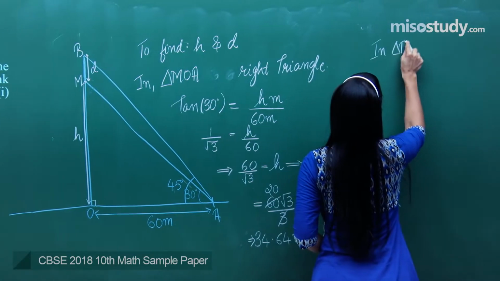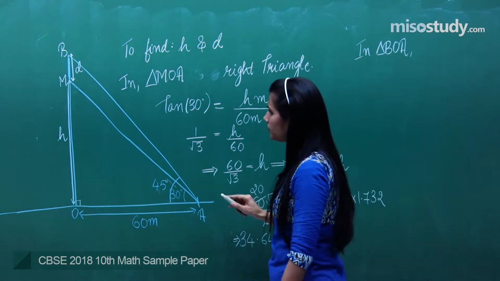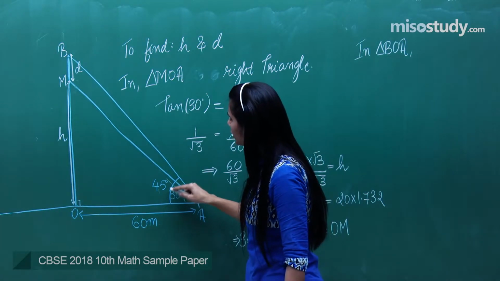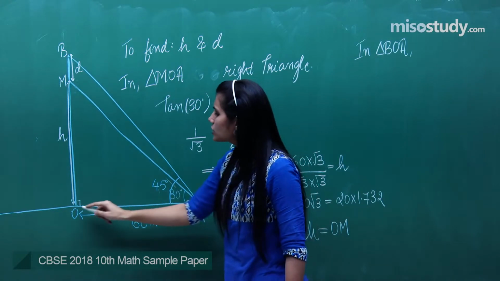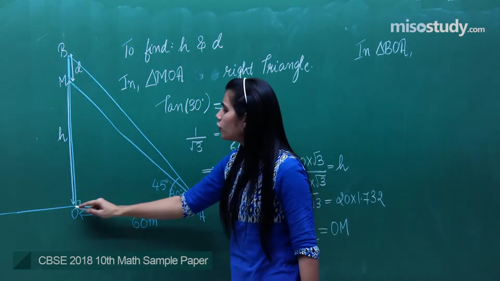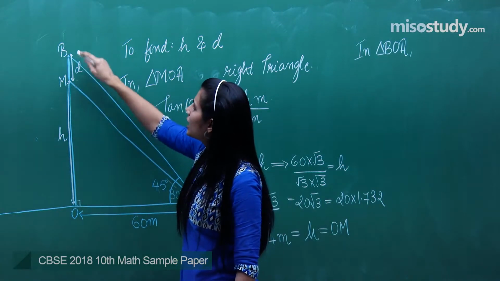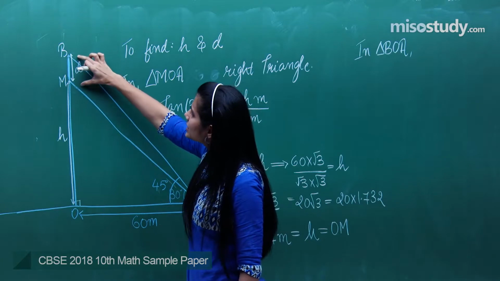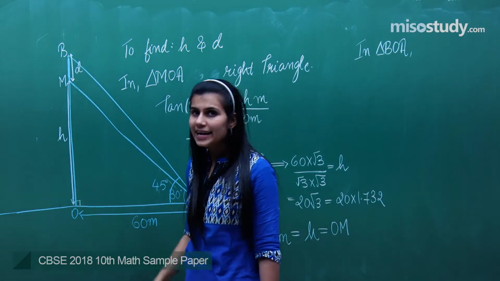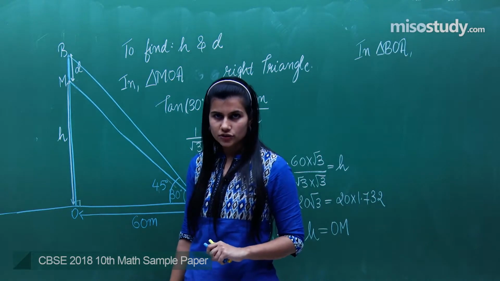In triangle BOA, again because it is a right triangle, corresponding to the acute angle 45 degrees, you are given the length of the base of this triangle, and you do not know the height of this triangle, right? Because this D is one of the portions of the height of the triangle.